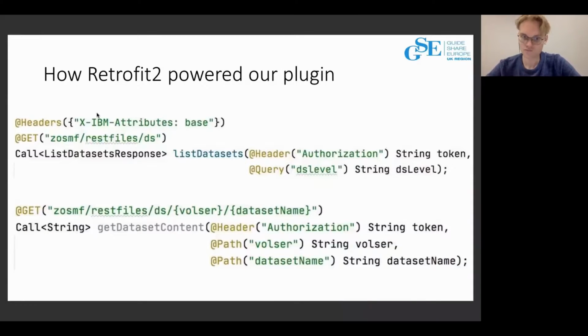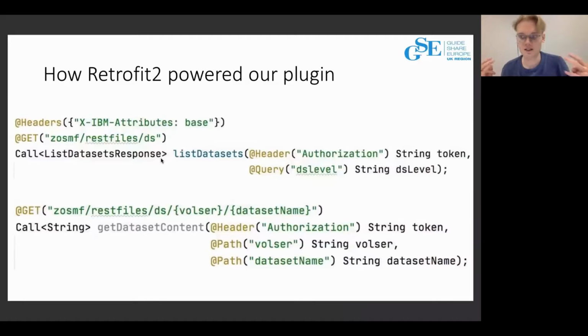You get a response body in the POJO predefined by you. That means plain old Java object, simply an object without any logic, only getters and setters. And as you can see, this is a screenshot of our zOSMF library.